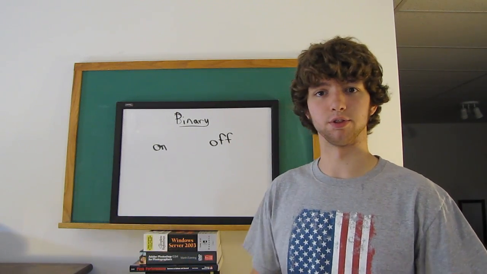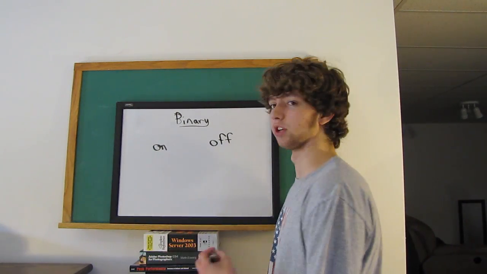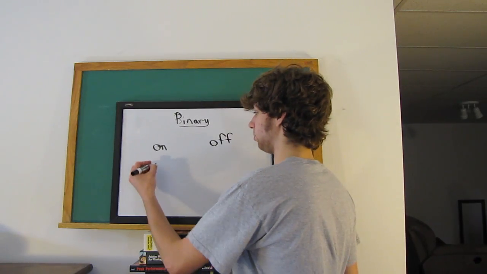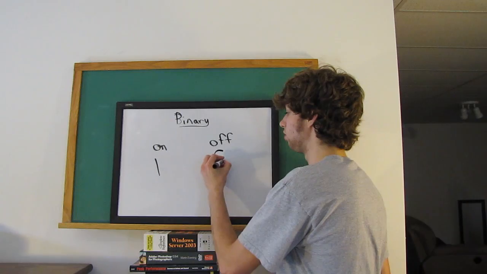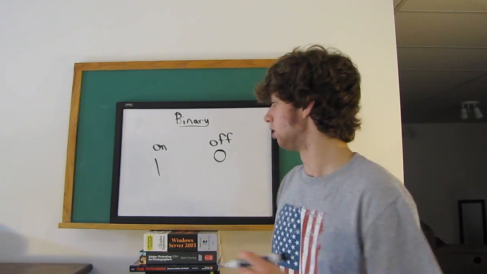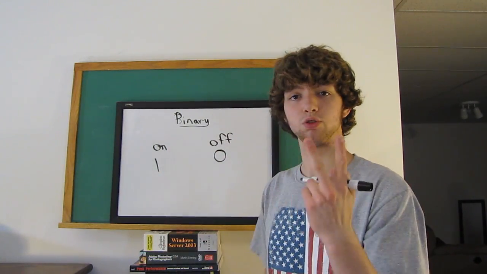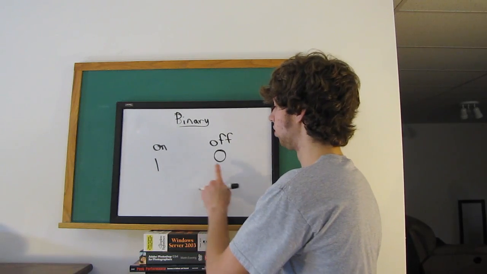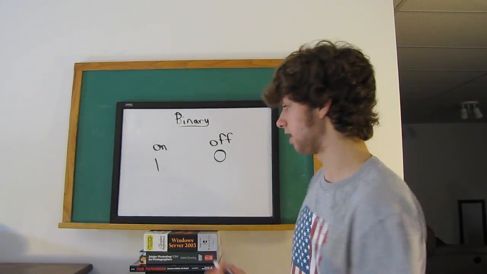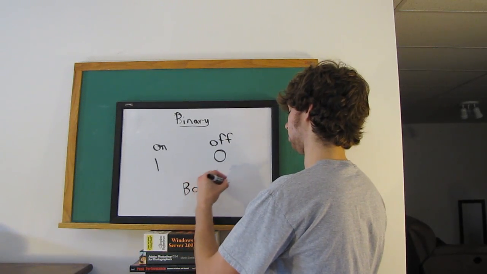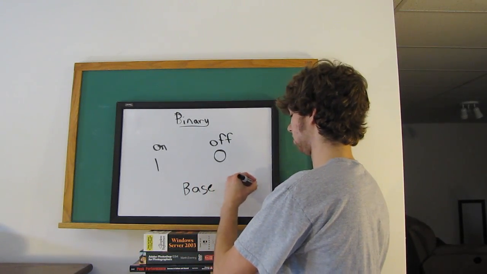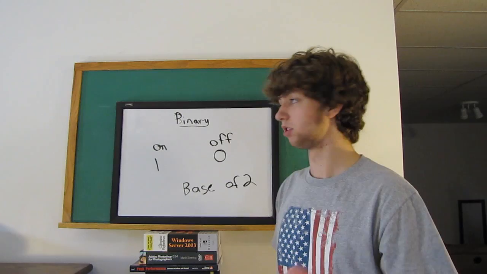It's kind of confusing at first, but we can represent an on with a 1 and an off with a 0. So binary is only two numbers, 1 or 0. You could say it has a base of 2.